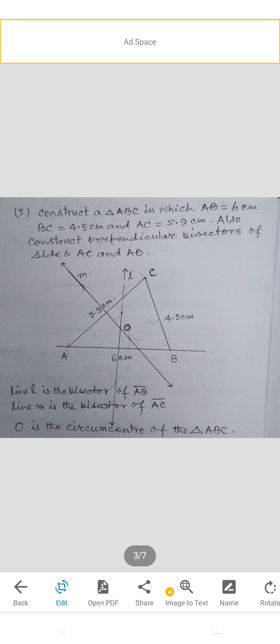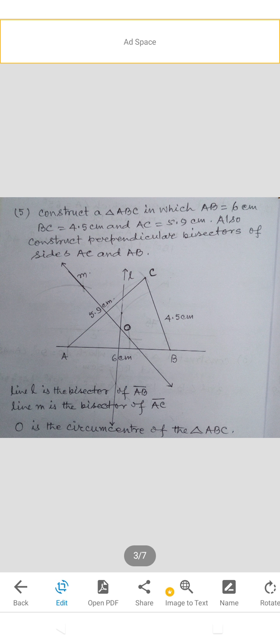So first of all, draw a line segment AB equal to 6 cm with A as a center and AC equal to 5.9 cm. Draw an arc with B as a center and BC equal to 4.5 cm as a arc. They intersect the previous arc at C. Join CA and CB. ABC is the required triangle.